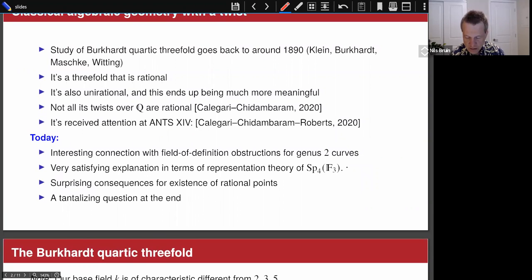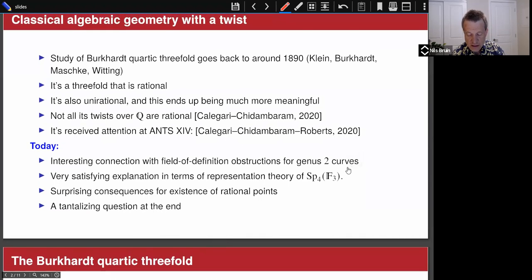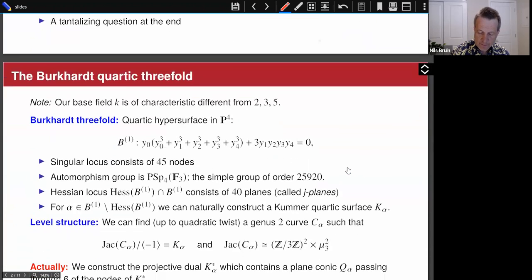We'll see what that actually is. We'll see a very satisfying explanation of this in terms of the representation theory of PSp4(F3). This will have some surprising consequences for the existence of rational points on these twists of Burkhardt quartics, and that leads to a tantalizing question at the end, so stick around.